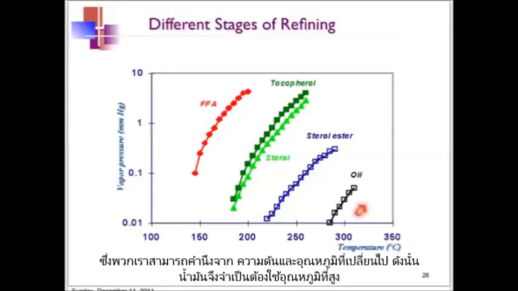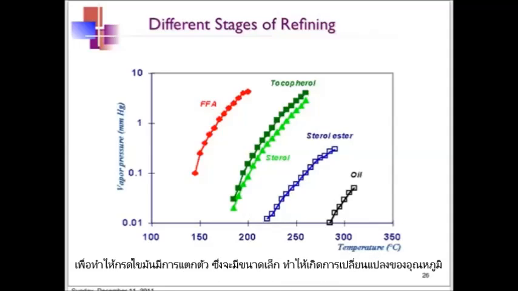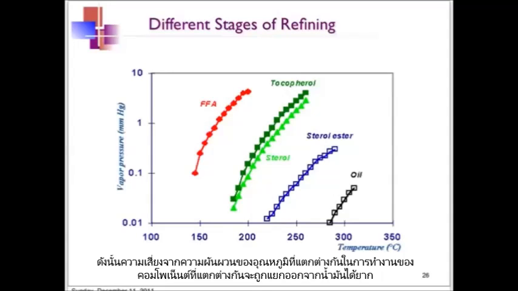For the oil, it requires a high temperature to make it volatile, whereas free fatty acids, which are smaller compounds, are more volatile even at a lower temperature. So the different degrees of volatility at different temperatures enable these components to be separated from the oil.